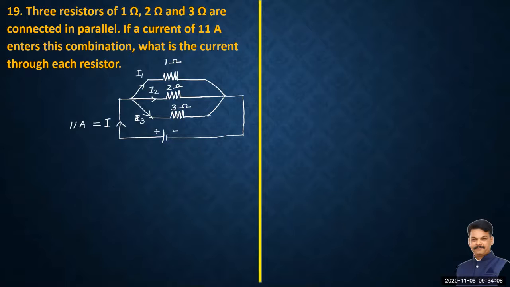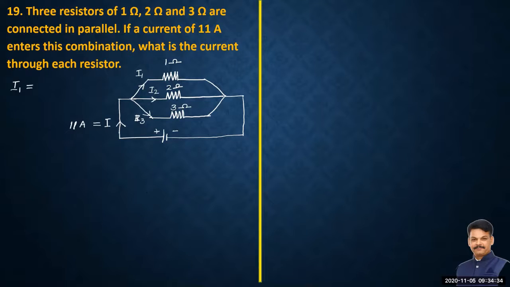The very first thing you have to do is find the equivalent resistance of the parallel combination. Without that, you cannot proceed. Because if I want to know I1, it can be found only with the help of the resistance of that resistor and the potential difference across that resistor.